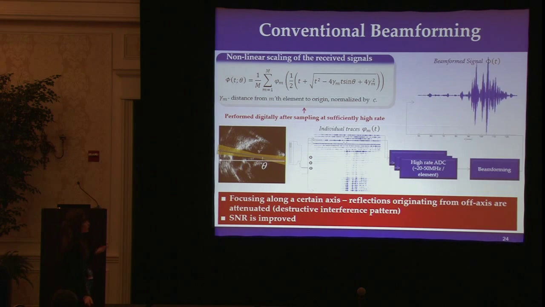OK? Now, unfortunately, though, like we said, each one of these individual signals, like you see over here, so this is real data coming out of the ultrasound, they do not have a pulse stream model. OK? They're very, very noisy. There's many reflections off axis, and therefore, they just look like junk. But after we sample them at a high rate, so typically between 20 and 50 megahertz, the GE ultrasound machine we have in our lab actually samples at 50 megahertz, and do beamforming, we get this nice pulse stream model.